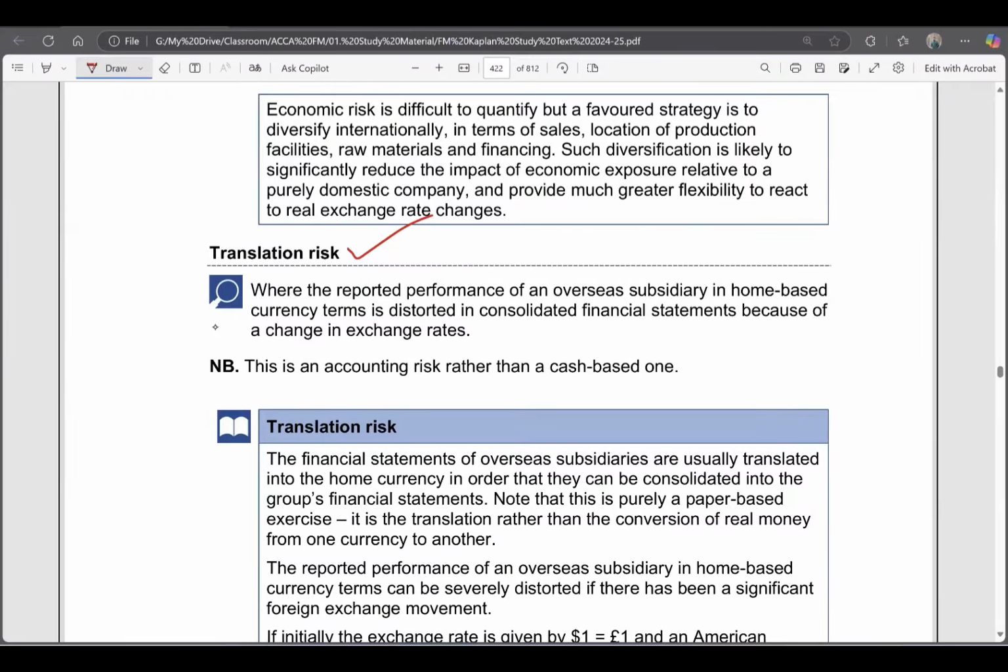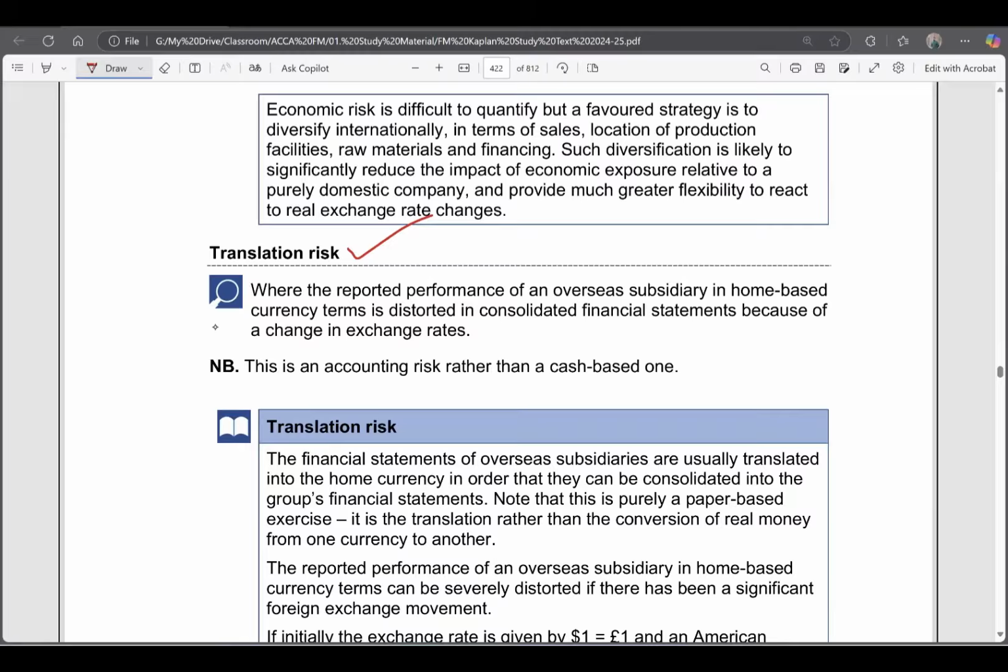And when we are preparing financial statement at the end of the period, and we are translating those foreign assets, if exchange rate moves adversely, it might impact our financial statements.